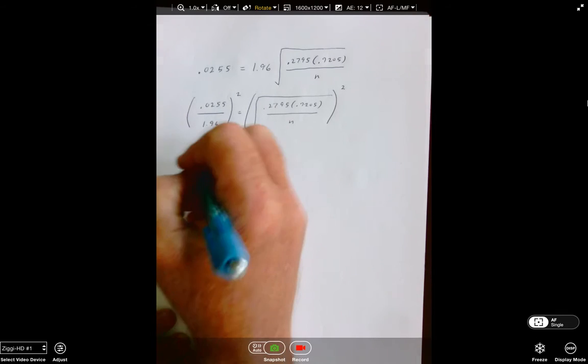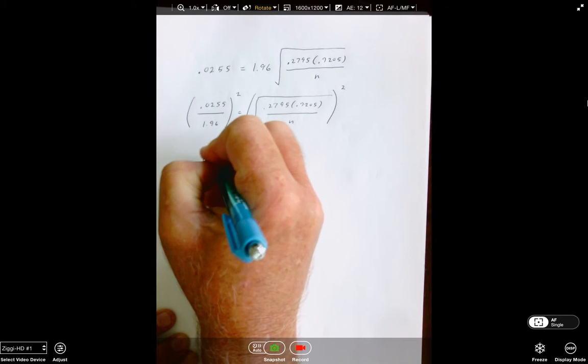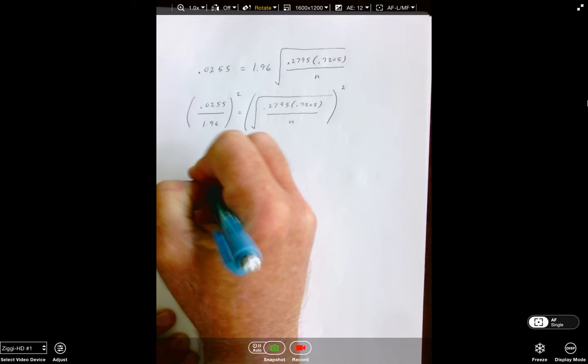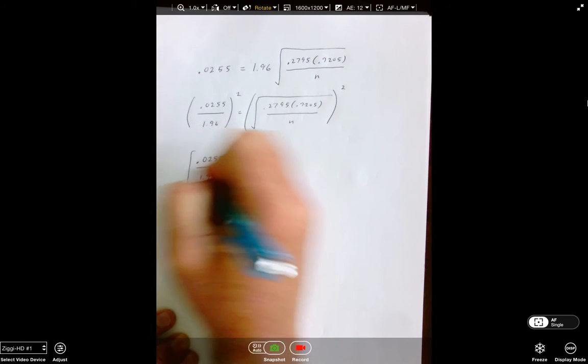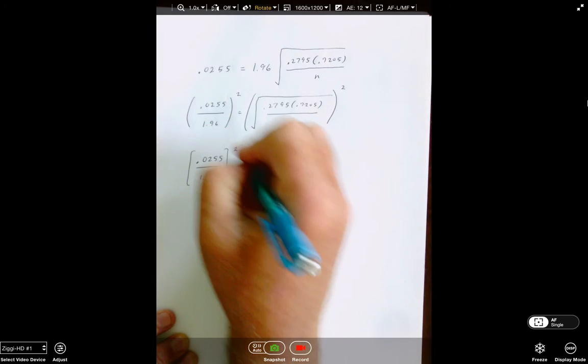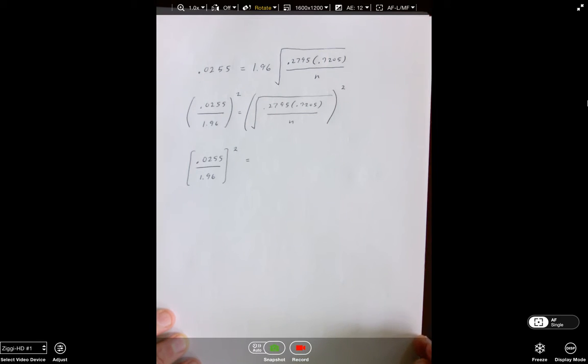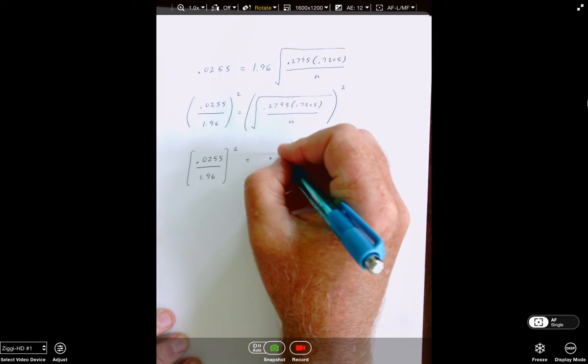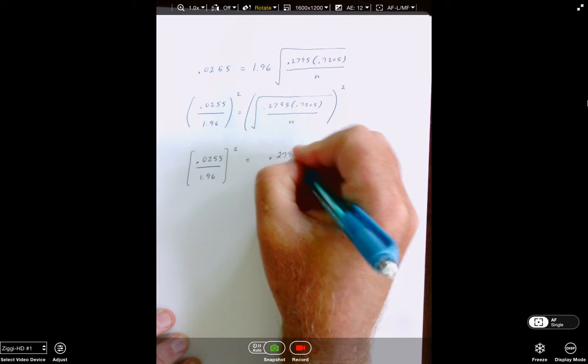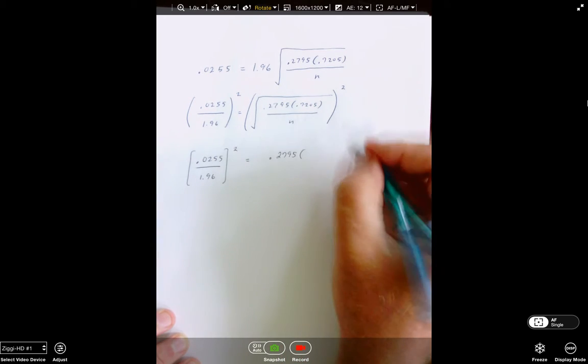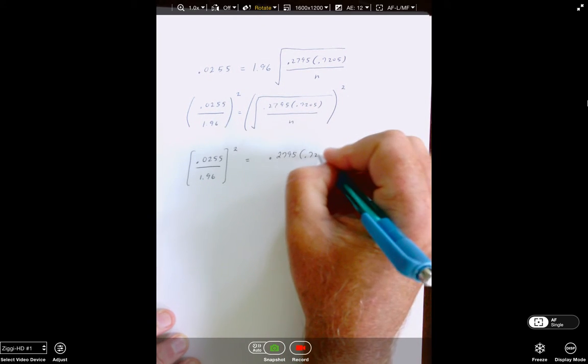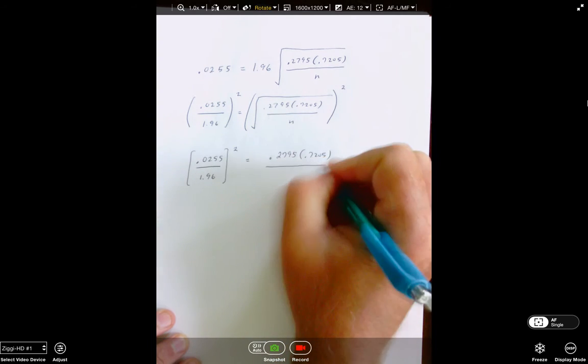So on the left-hand side, I have 0.0255 over 1.96 squared. And on the right-hand side, I have 0.2795 times 0.7205 over n.